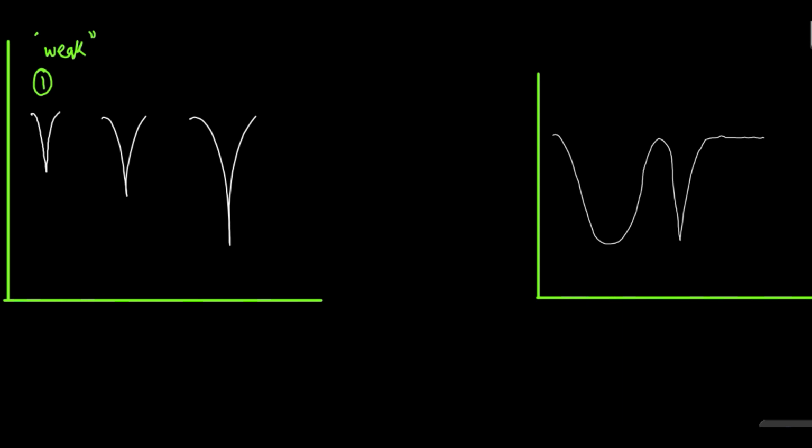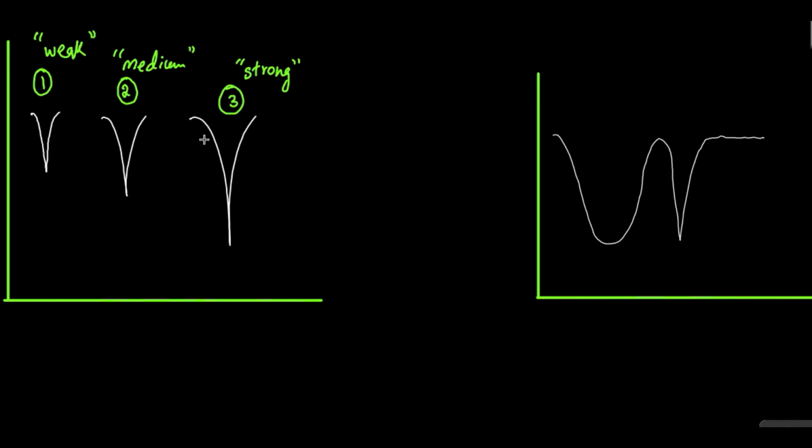That is the name given to this peak, okay, and it's weak because it's having a very small peak. Now the second peak is called a medium peak because it is somewhere in the middle between the first and the third one, and the third one is called a strong peak. These are the terminologies given.